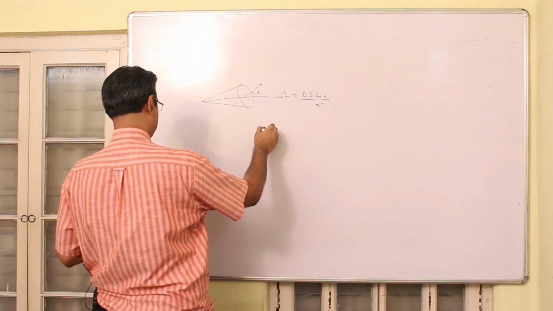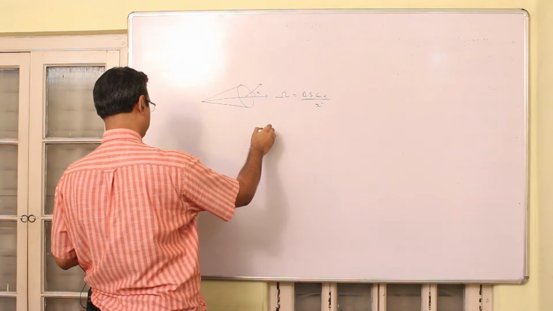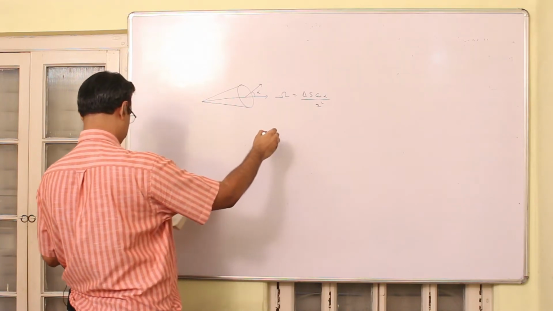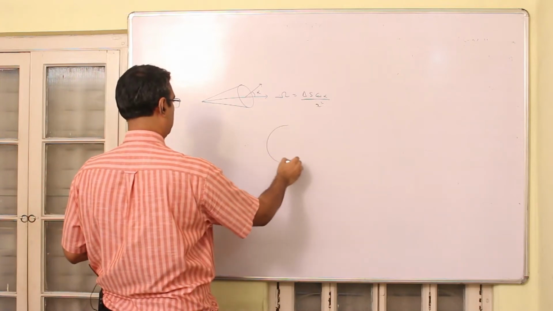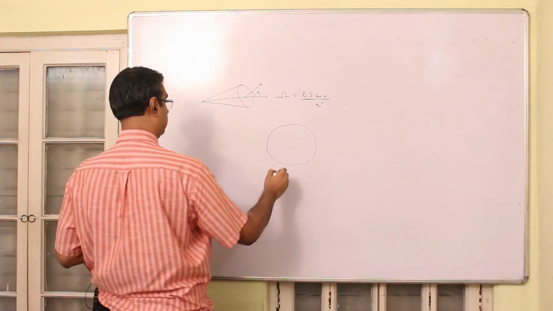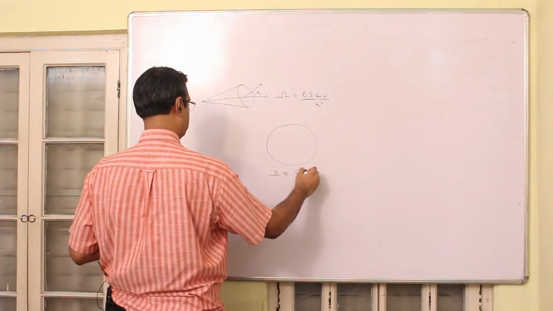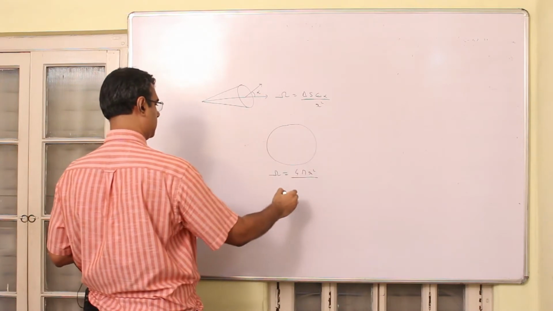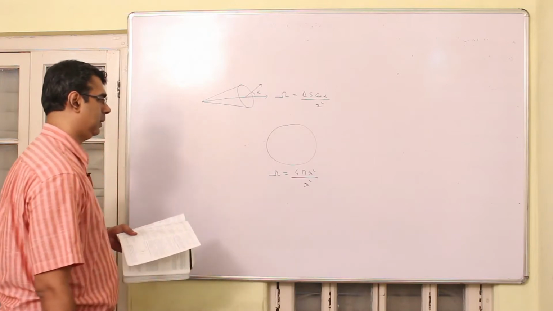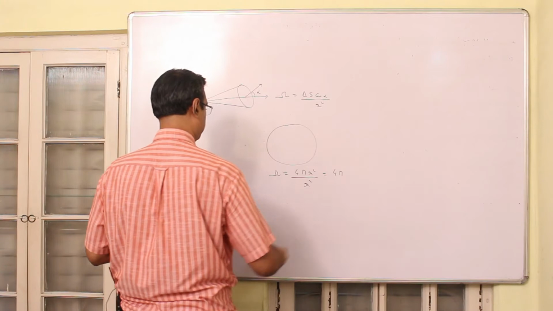Now suppose you have a closed surface. For a closed surface, the solid angle will be equal to the total area of the closed surface divided by r square. That will be equal to 4 pi r square by r square, which is equal to 4 pi.